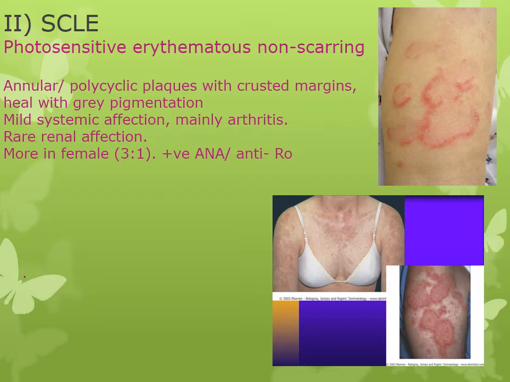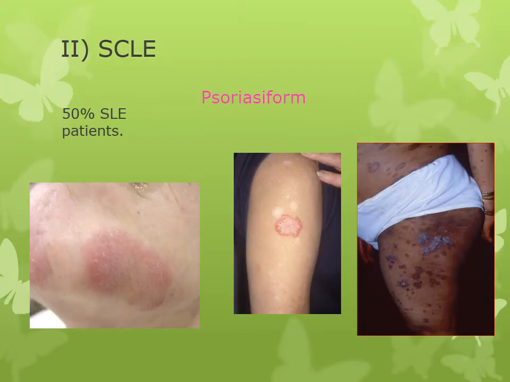Female to male ratio is 3:1, and the diagnosis, of course, is made by the corresponding serology, antinuclear antibodies and anti-Ro, which I'm not going to go into the details of. There are two figures for the lesions of subacute lupus erythematosus, two types: annular, and the other one is psoriasiform, psoriasis-like.